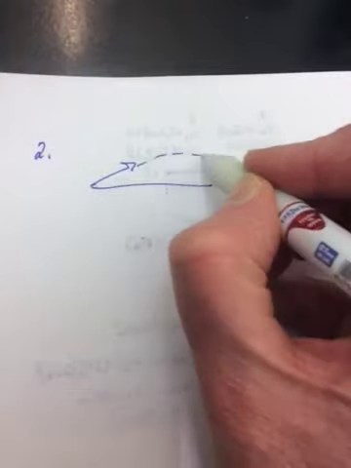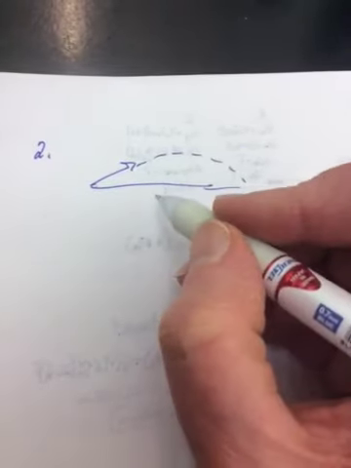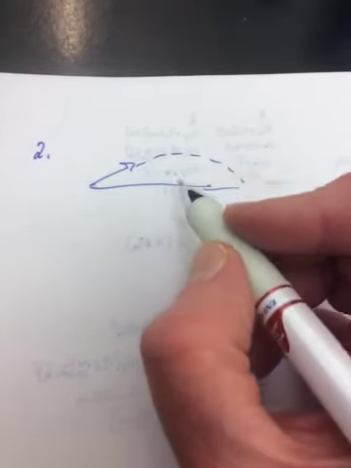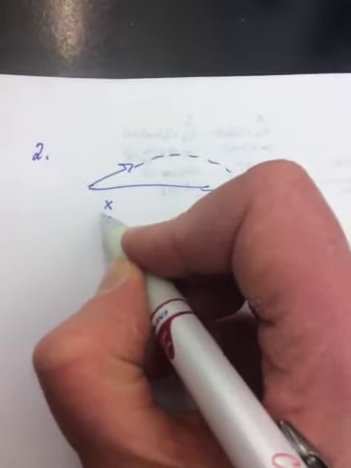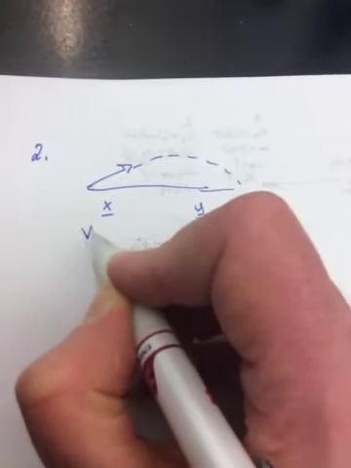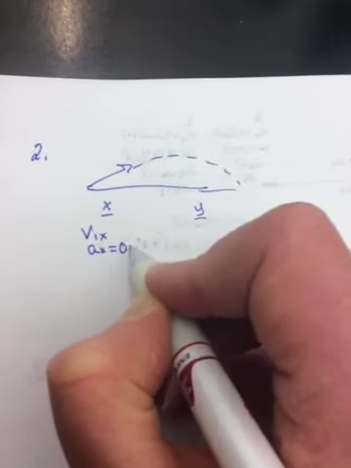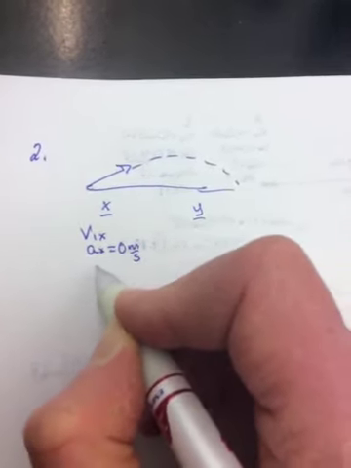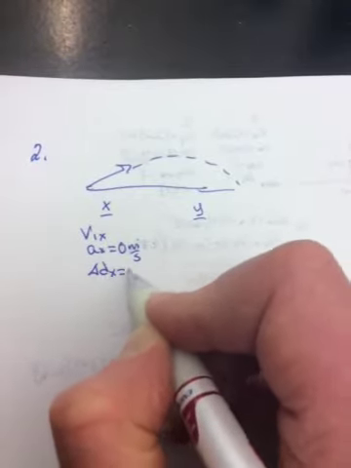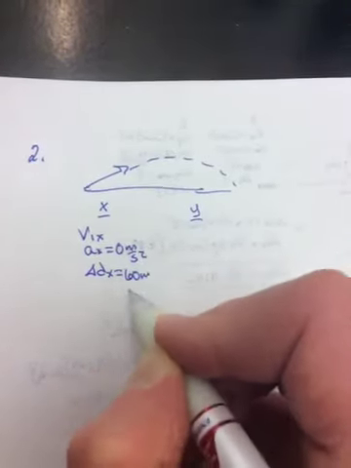So in number 2, going up, coming down, and it tells us it's caught at exactly the same height. We don't know VIX. We know AX is 0. We know delta DX is 60 meters. It lands 60 meters away.